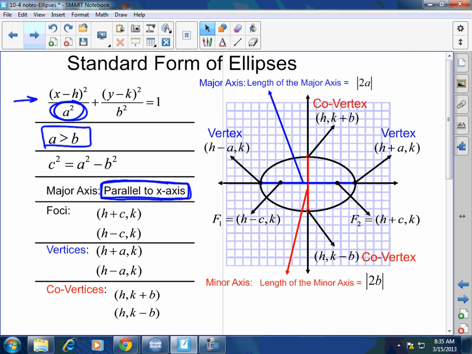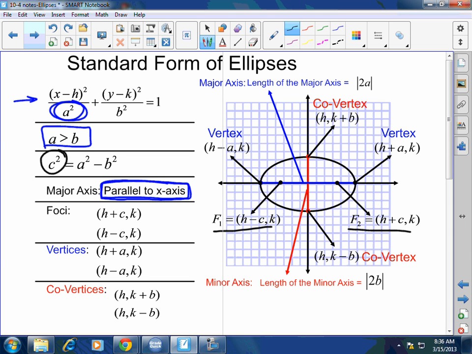You cool? Okay. Now, how do you find c squared? Well, c squared in an ellipse is a squared minus b squared. So we're going to have to use our Pythagorean properties and square root properties to go ahead and solve that. Your foci, which, of course, all of this is labeled here, guys.